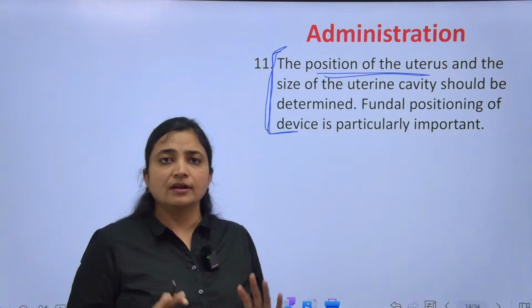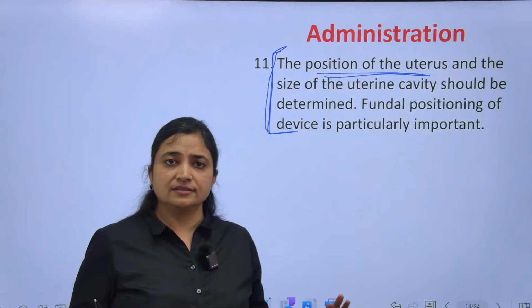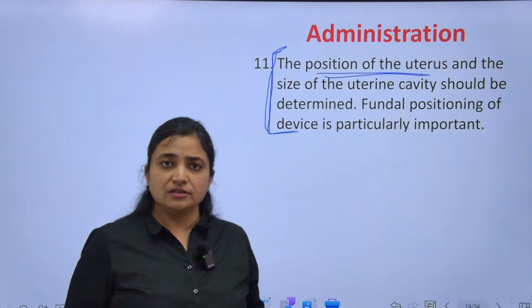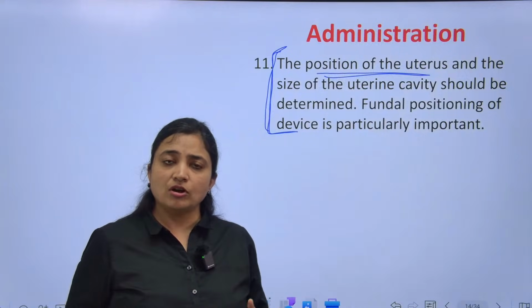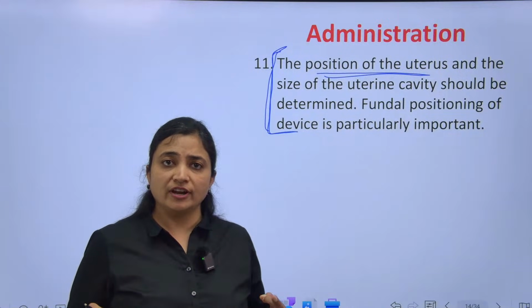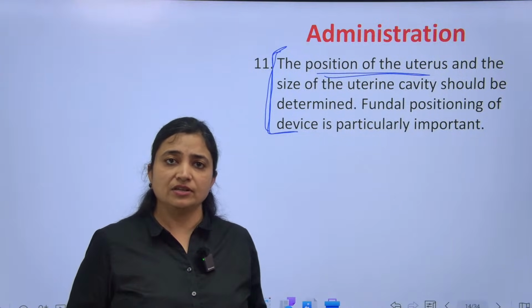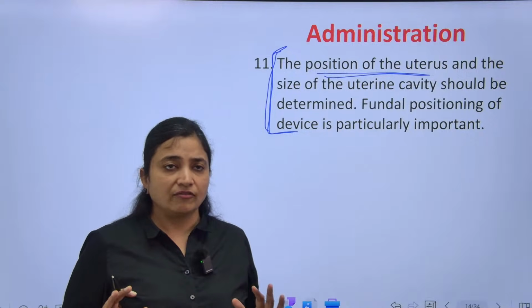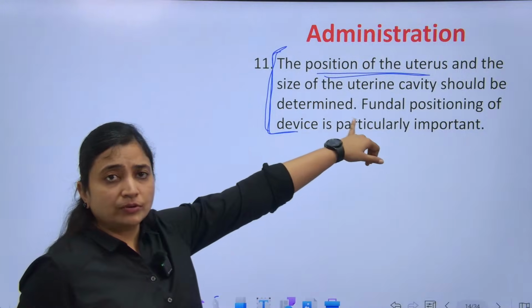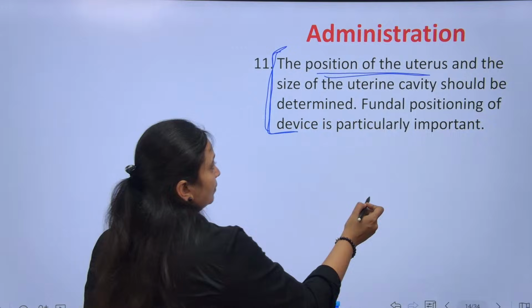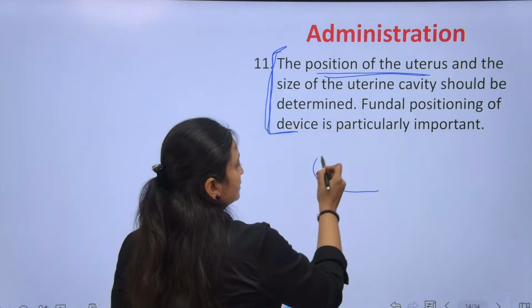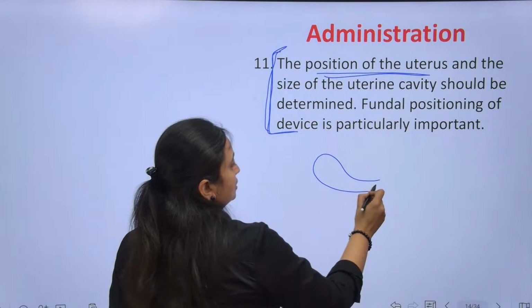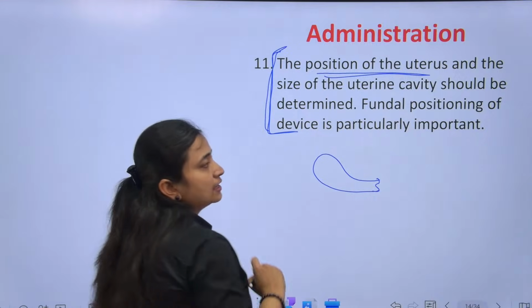First of all, make the patient relax, talk to the patient in the presence of a nurse. Always keep a female chaperone whenever you are doing any gynae examination, and make the patient comfortable, and then do your per vaginal examination. Why? Because you want to know the position and the size of the uterus.